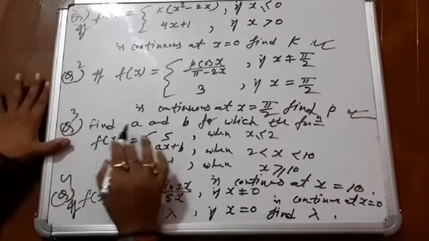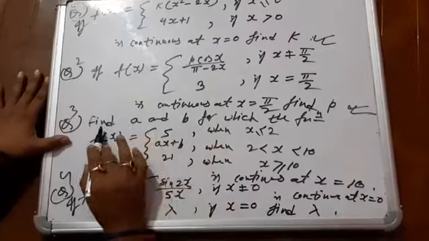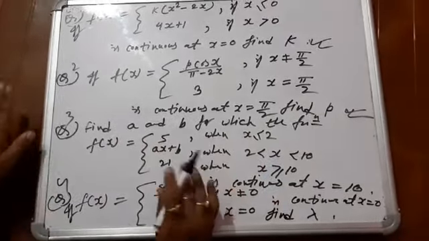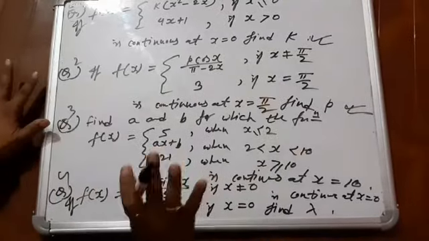In the next portion there are two unknowns, a and b. Find a and b for which the function, same type of question, only the writing process is different.